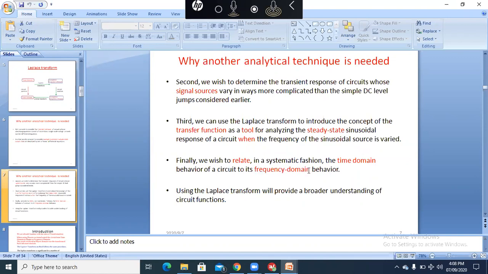We also measure the behavior of the circuit in other ways which are useful for circuit analysis with the help of the Laplace transform.